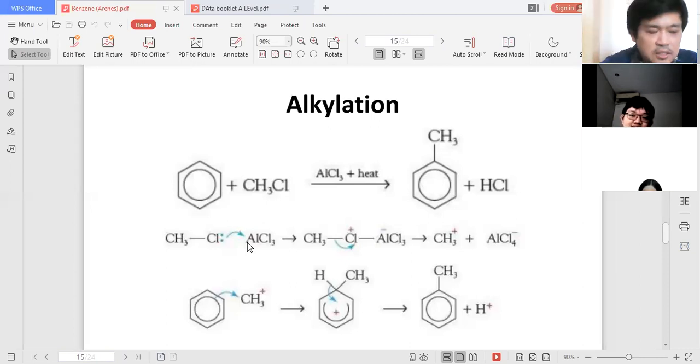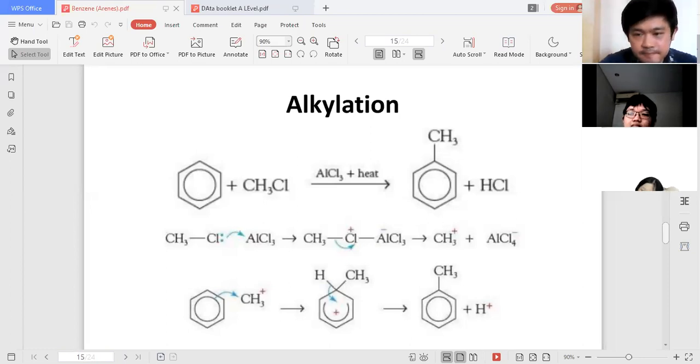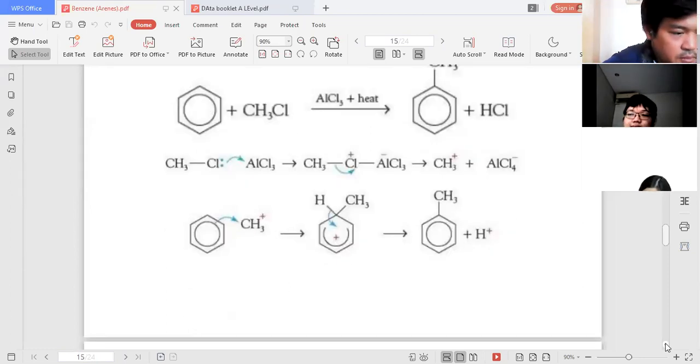Of course, there is the covalent bonding. And then after the covalent bonding, the electrophilic substitution mechanism is the same. So there is the partial positive charge. Okay. Yes.